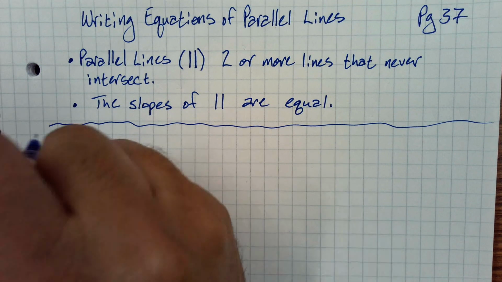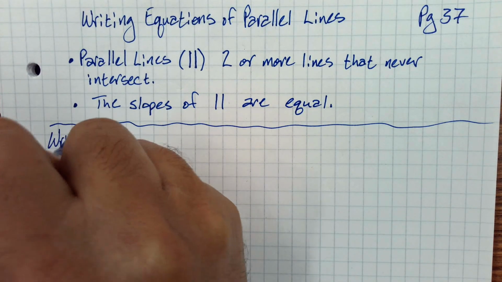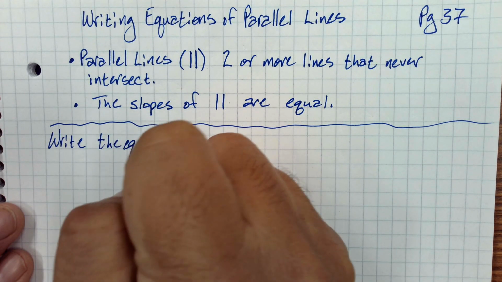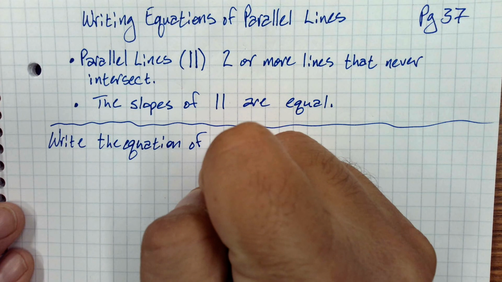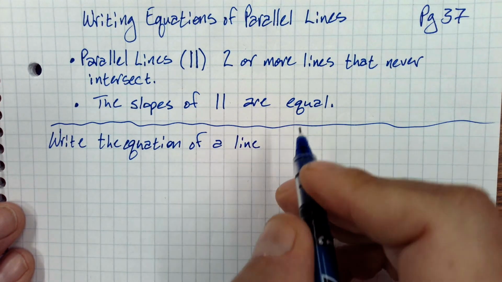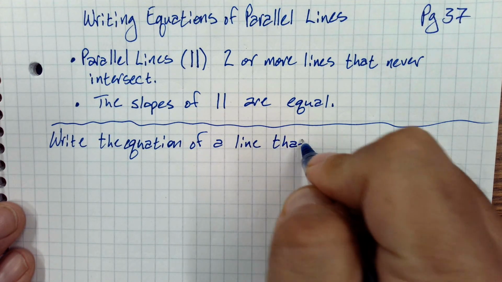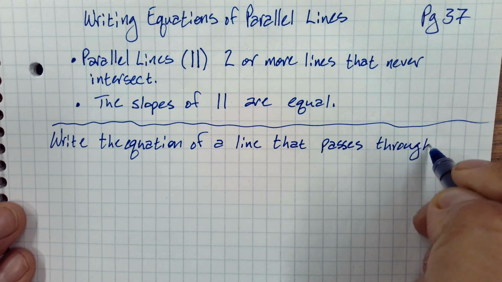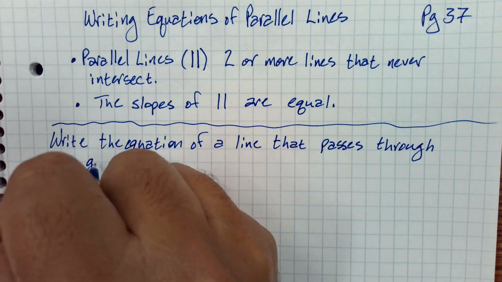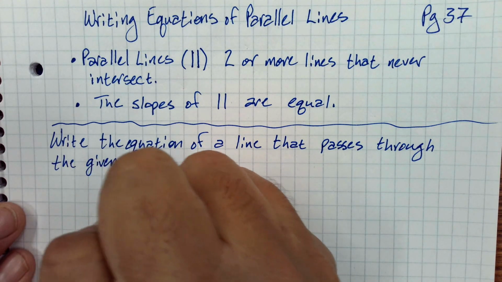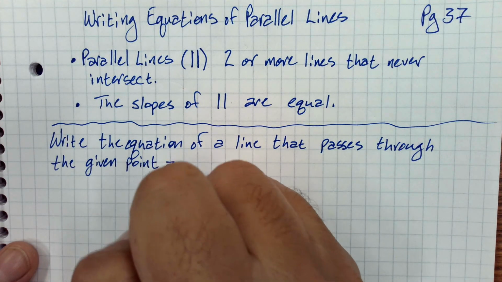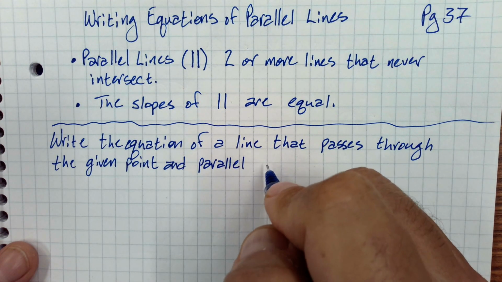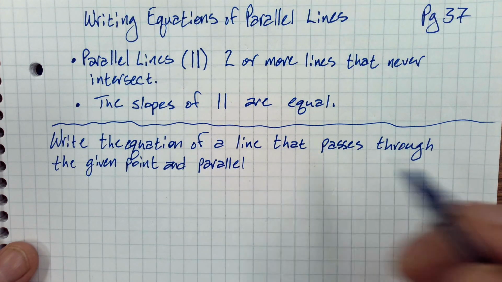Okay, so here's our task for today. Write the equation of a line that passes through the given point and parallel to the given line.